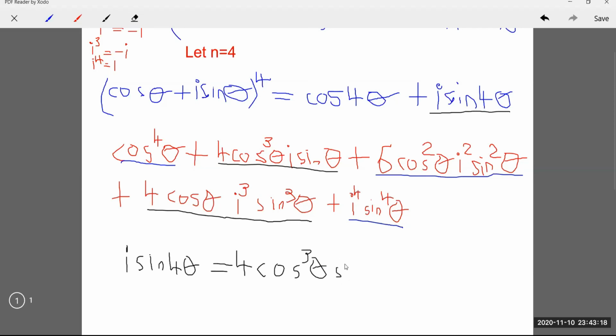I'm just going to put sine theta. So don't worry, I don't throw away the I. I'm factorizing out the I from both of these terms.